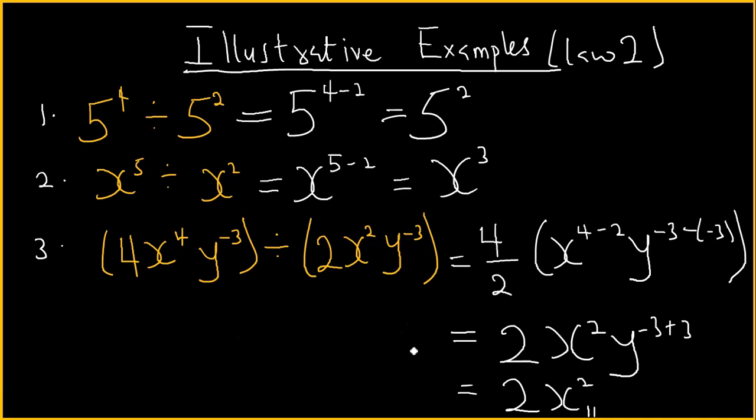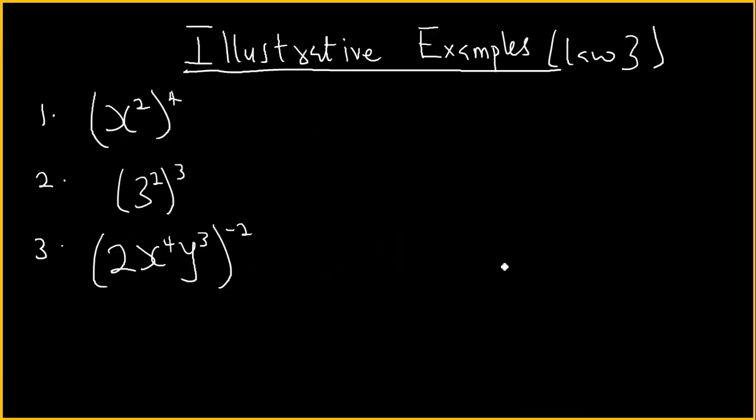Illustrative examples on the third law. So let's delve right into these examples under the third law. So the first one, we have x squared to the power 4, so the powers are now multiplied, and the result is x to the power 8.